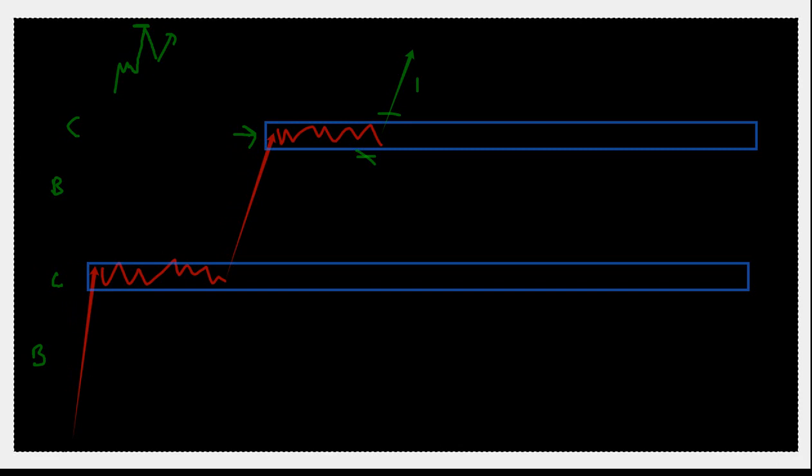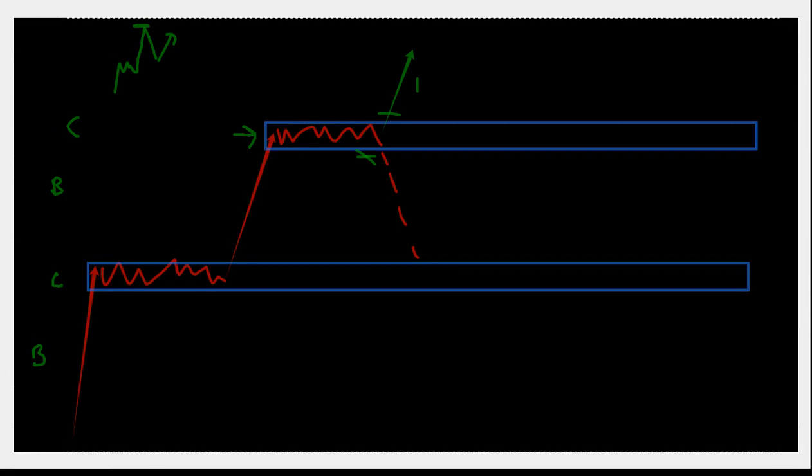The second scenario is that we get boost, consolidate, and after this second consolidation, actually what happens is that the price starts breaking down, and in this instance it will pull back. It will pull back to the prior consolidation area, and if it pulls back to the prior consolidation area, a pretty safe trade is to take the long, right?